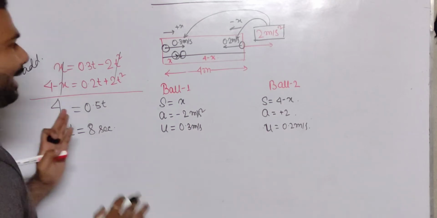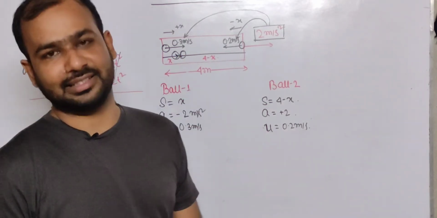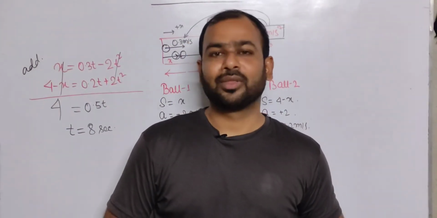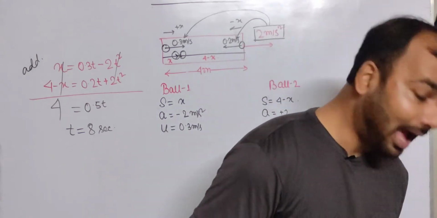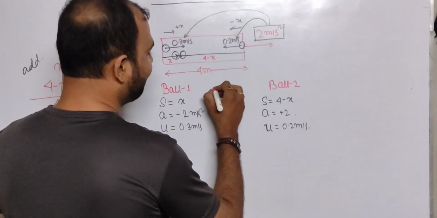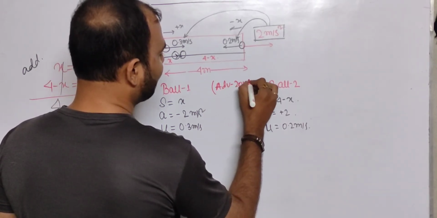That means in 8 seconds it will cover x distance and it will cover 4 minus x distance, and they will get collided. And the answer is 8. This was asked in JEE Advanced 2014, in the descriptive question.